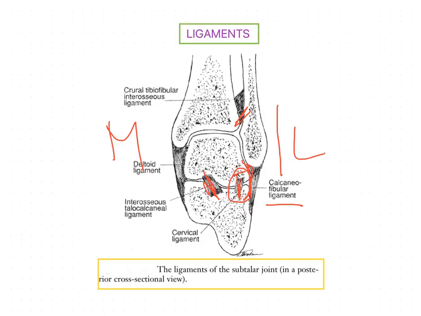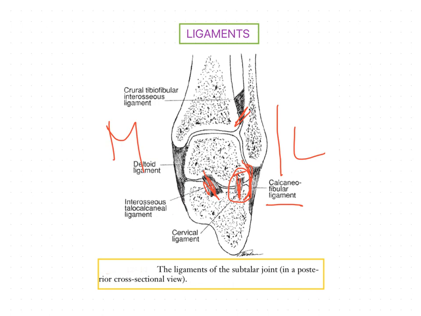It joins the neck of the talus to the neck of the calcaneum. So this ligament is joining the neck of the talus as well as the neck of the calcaneum. For that, this ligament is getting the name cervical ligament. Neck is cervical, isn't it? So that is the thing.